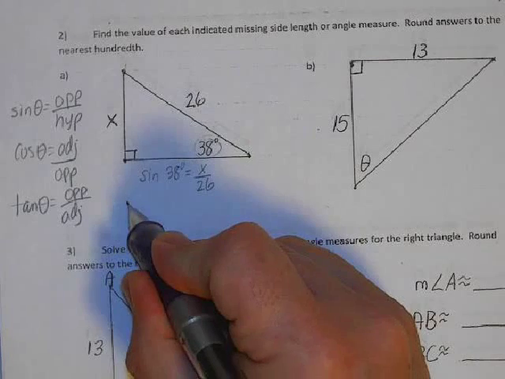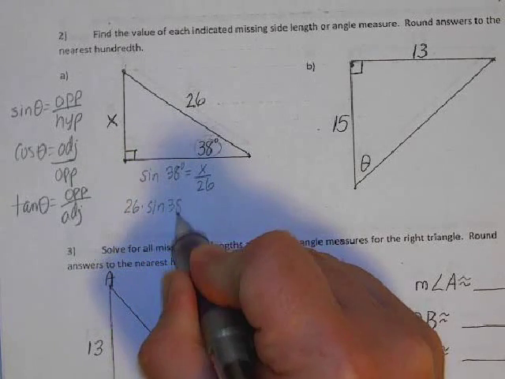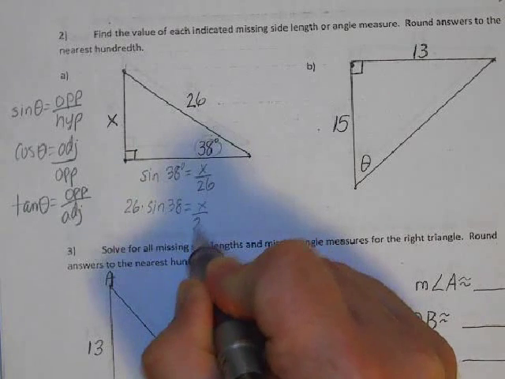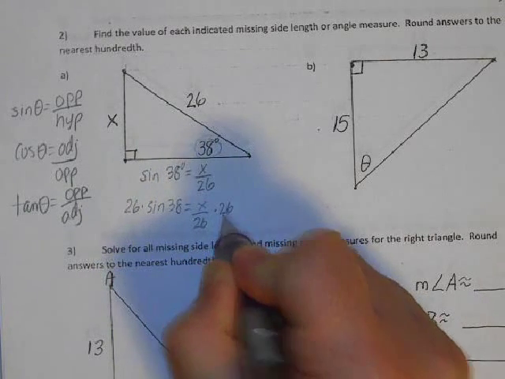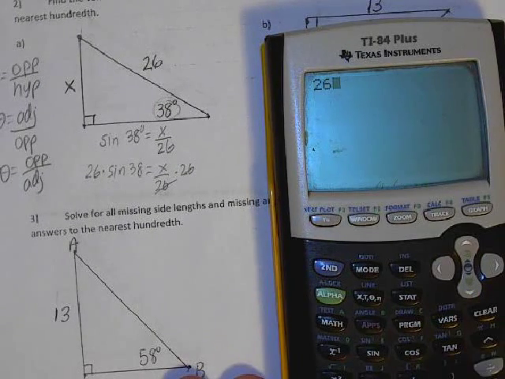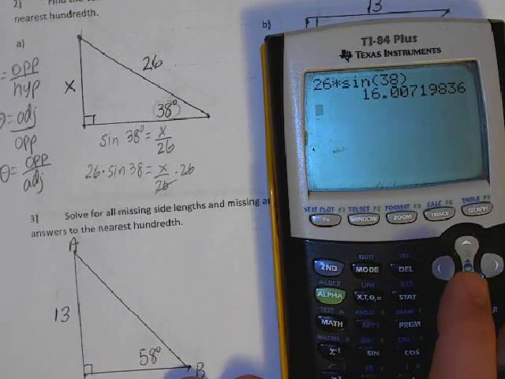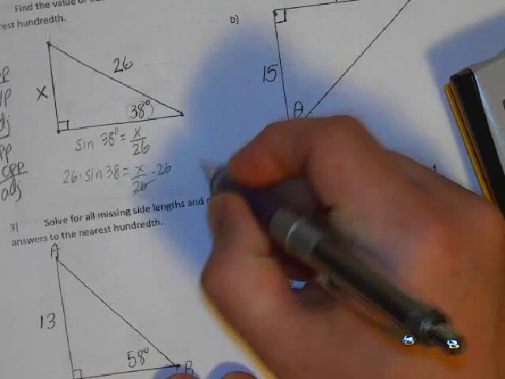To get x by itself, we'll multiply both sides by 26. And our answer is approximately 16.01.